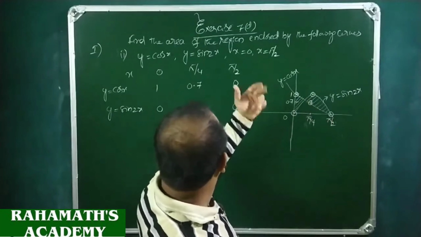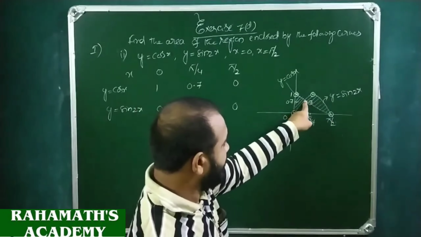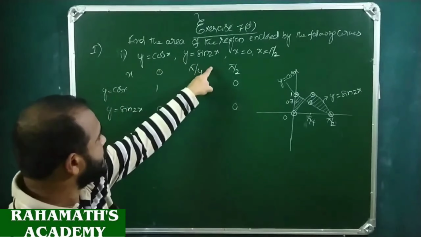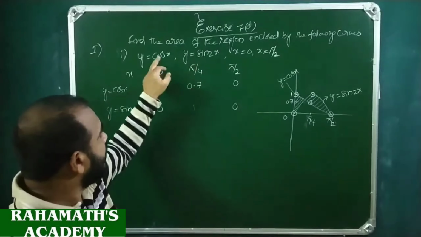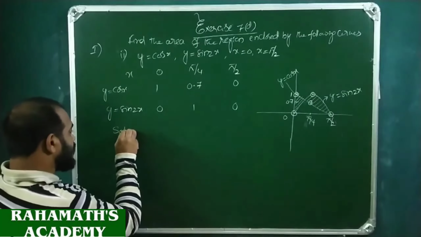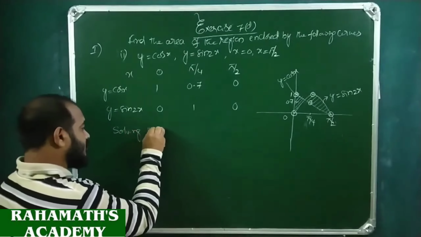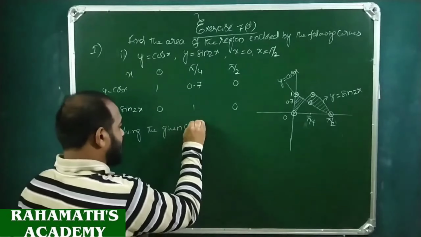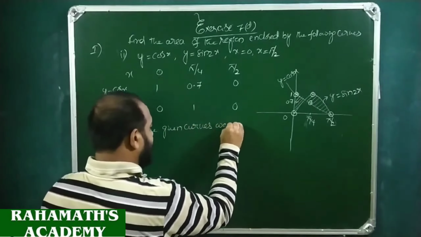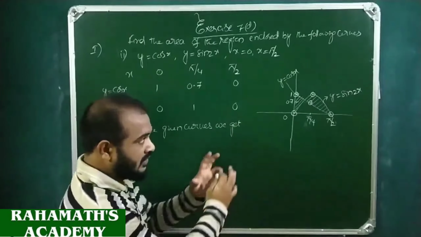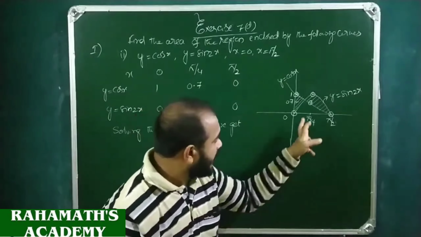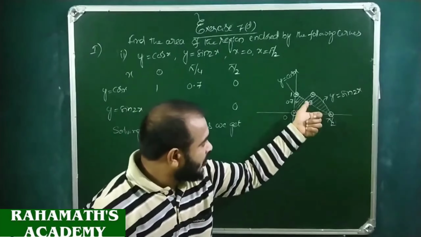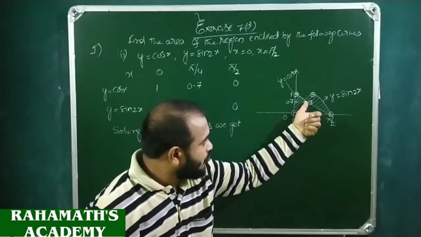If we want to know this point of intersection, then simply we need to solve these two. Since both are y equals, therefore solving the given curves, we get, because after drawing this diagram we found these two curves are meeting at this point.